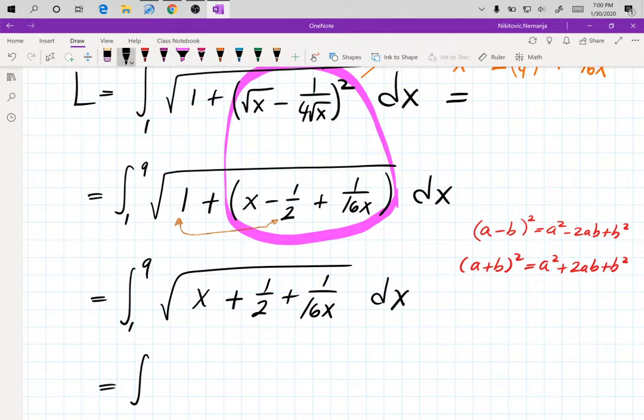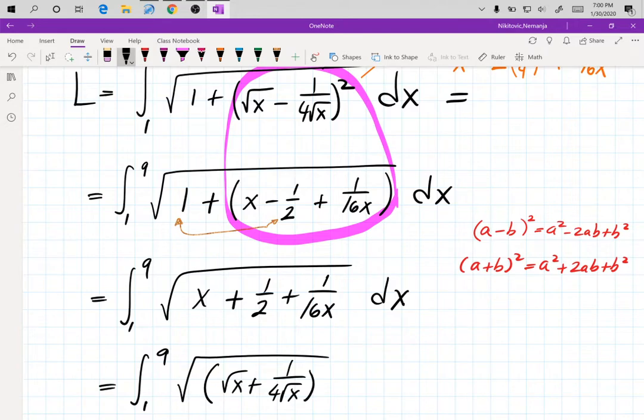So, integral 1 to 9 square root of x plus 1 over 4 root x squared dx. I'm just going to give you some time to meditate on this.